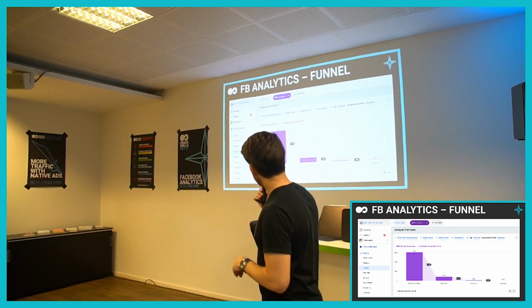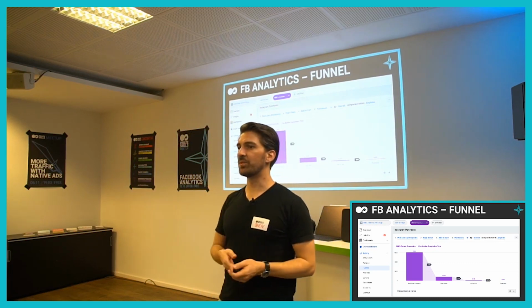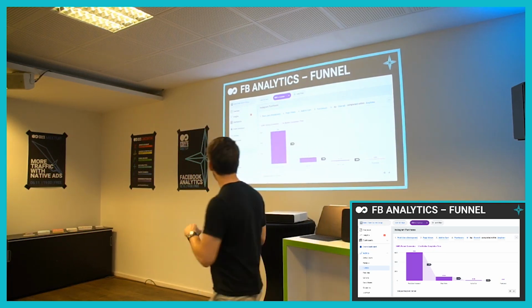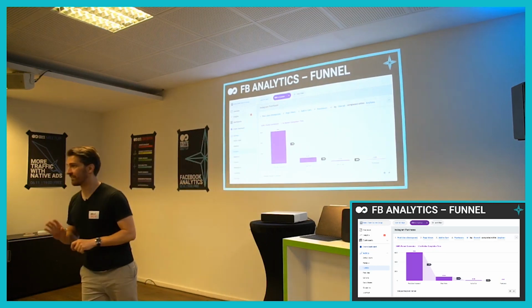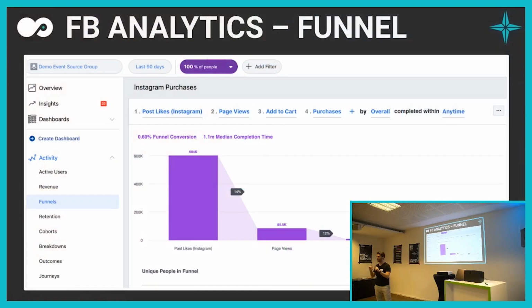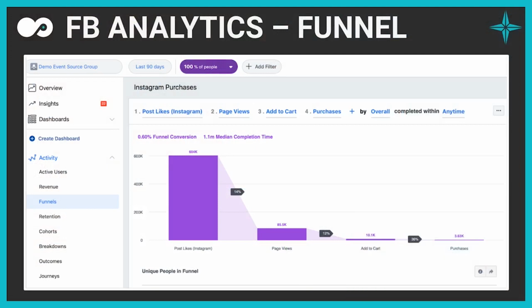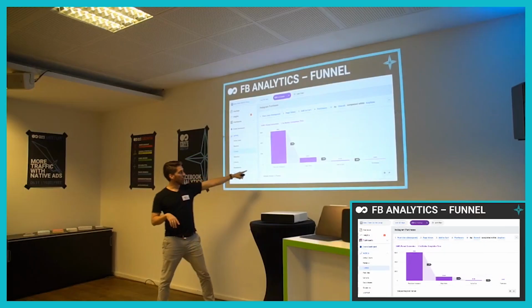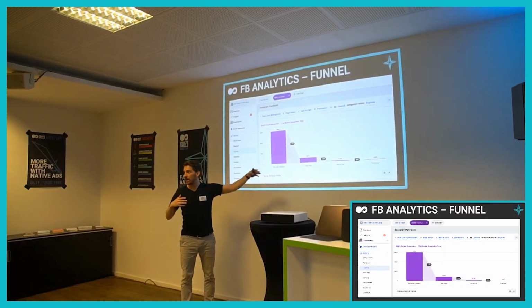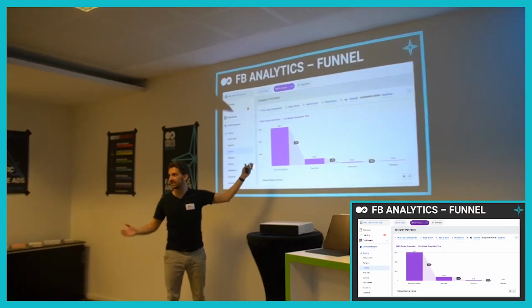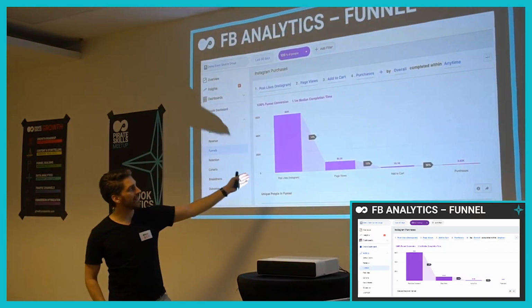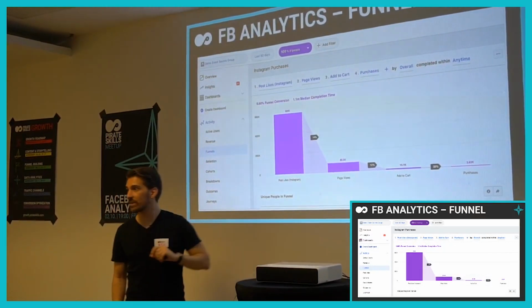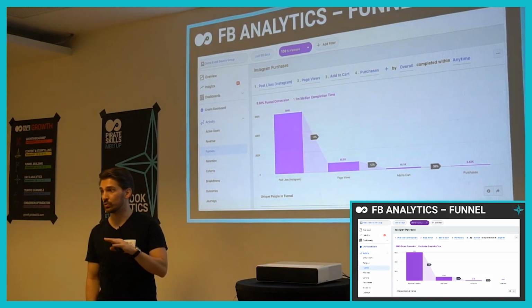So Facebook Analytics can do fun graphs like this. This is by far one of my favorite slides here because this is so hard to get done in Google Analytics. This is a funnel metric of everybody who ever liked any post on this Instagram account and then went to the website, which are 14% of people. I think that is huge.